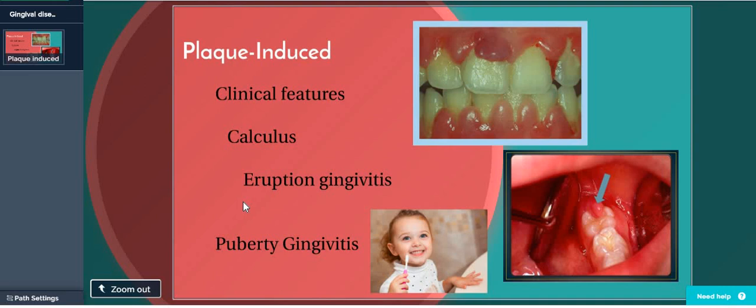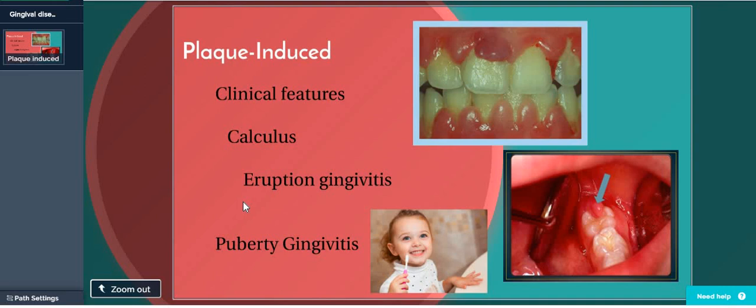About 9% of 4 to 6 year old children exhibit calculus deposits, but by 7 to 9 years of age, 80% of the children present with calculus deposits. By 10 to 15 years of age, there will be 33 to 43% dental calculus formation according to the research.